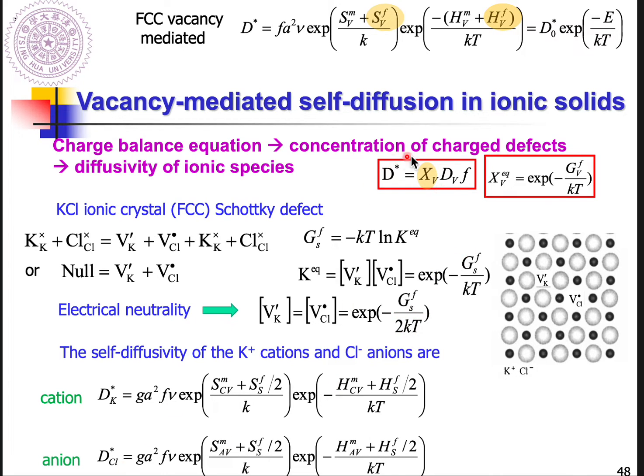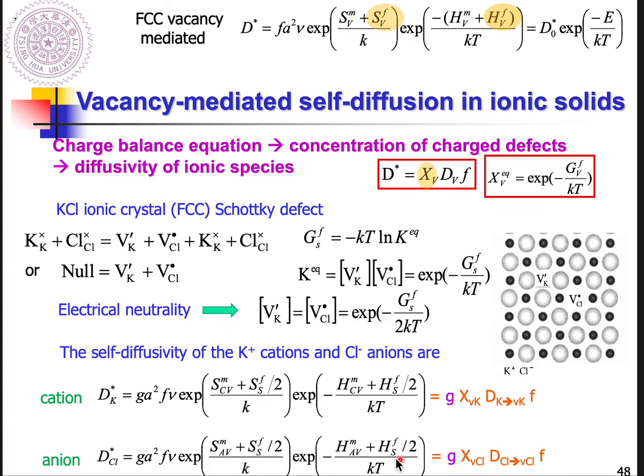Based on this result, you can formulate the diffusivity of the potassium ion. Because this is an ionic material, the diffusion probably involves different mechanisms, so we put a g here, and it will be g times V_K times D_K, the potassium jumping into the vacancy at the potassium site to diffuse, and the correlation factor.